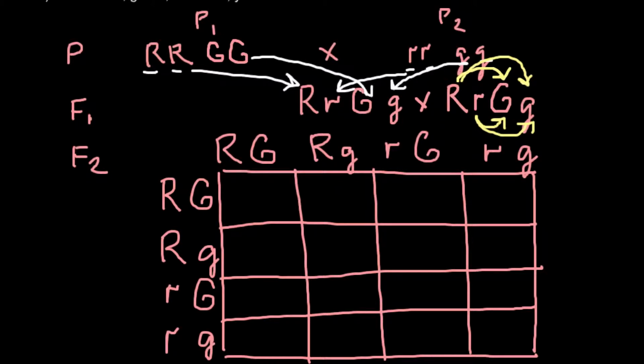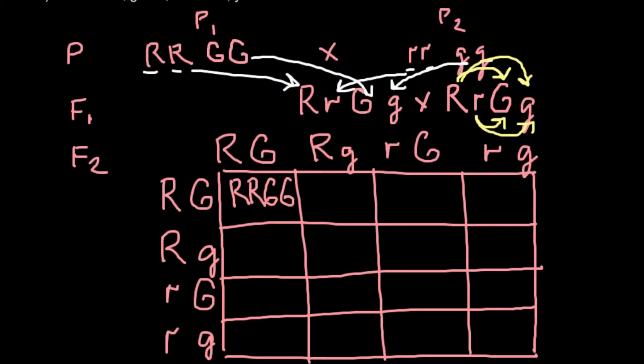So for example, here we would have one dominant allele R from one parent and another dominant R allele from the second parent, so the genotype would be capital R, and also we would have one dominant allele G from one parent and one dominant allele G from the second parent. So capital G.